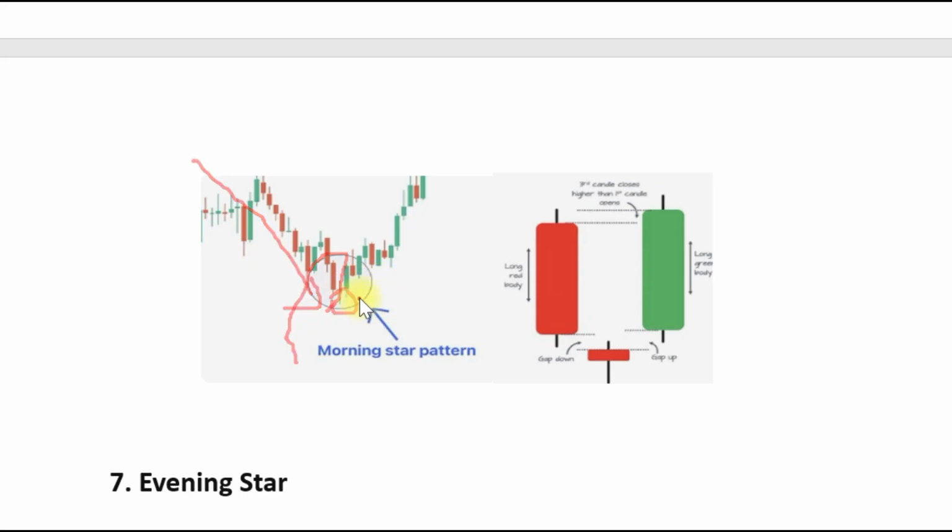The next candle will be followed by a big green candle. If this pattern is formed in the downtrend, then take a buy position at the high of this candle, the low will be the stop loss, and the target will be 1:2.